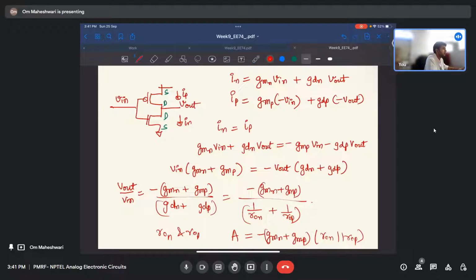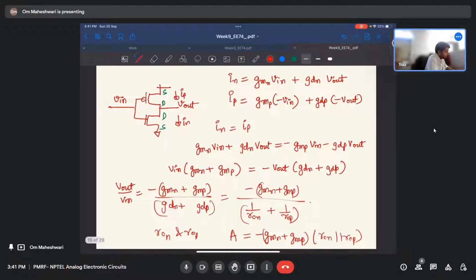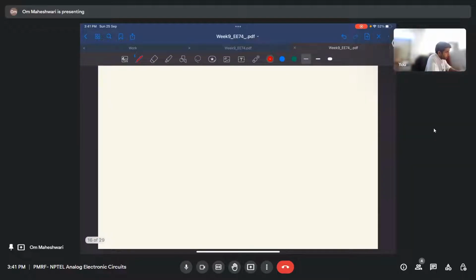So the next step is we have to find the input capacitance. Again, let us see the circuit that they have given: apply 0.9 here and 0.9 here is the output.